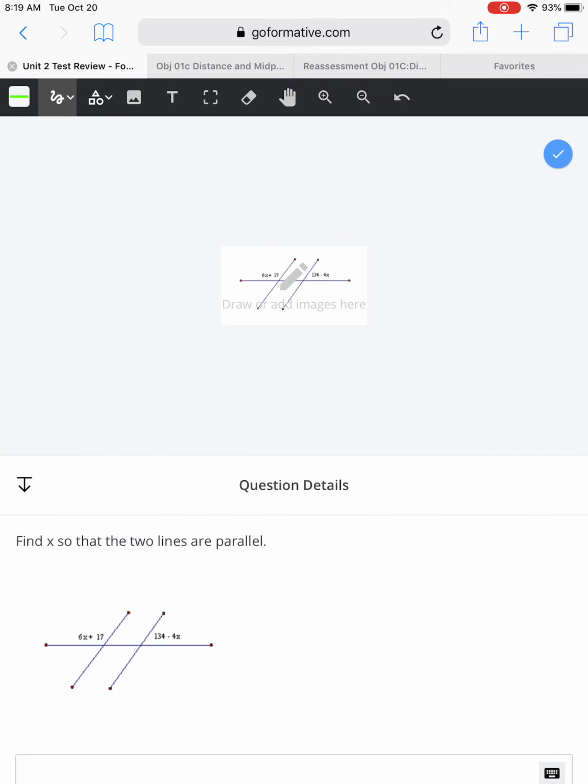Find x so that the two lines are parallel. Well, this angle here and this angle here are the same, and I know these two angles are supplementary, so 6x plus 17 plus 134 minus 4x is equal to 180.